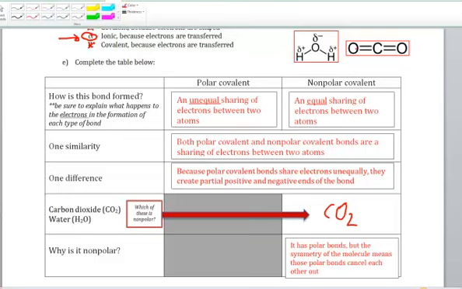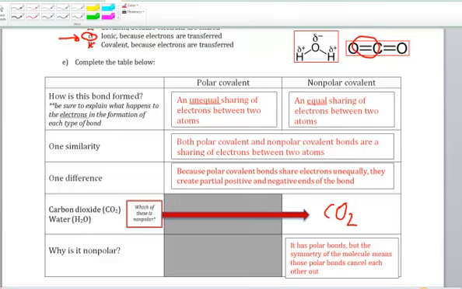Carbon dioxide has polar bonds, right? These C to O bonds are polar, and we know that they're polar anytime you have atoms that are different elements, there's going to be some polarity. So oxygen is different than carbon, so each part of this is going to be polar, but because they're 180 degrees apart, they cancel each other out.